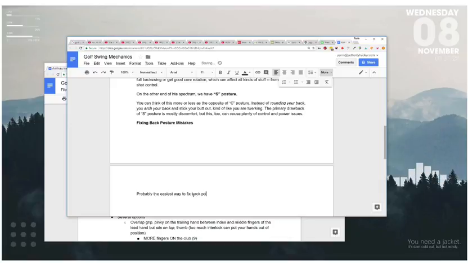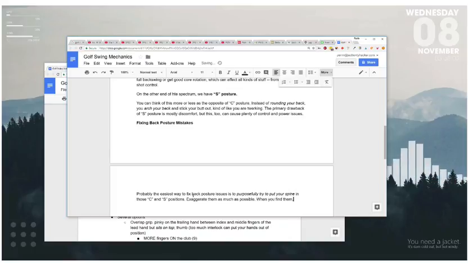To fix back posture issues is to purposefully try to put yourself, your spine, in those C and S positions. When you find them, exaggerate them as much as possible.